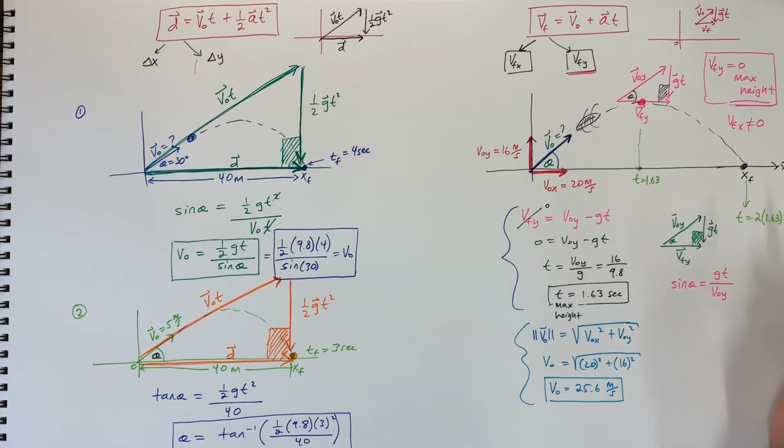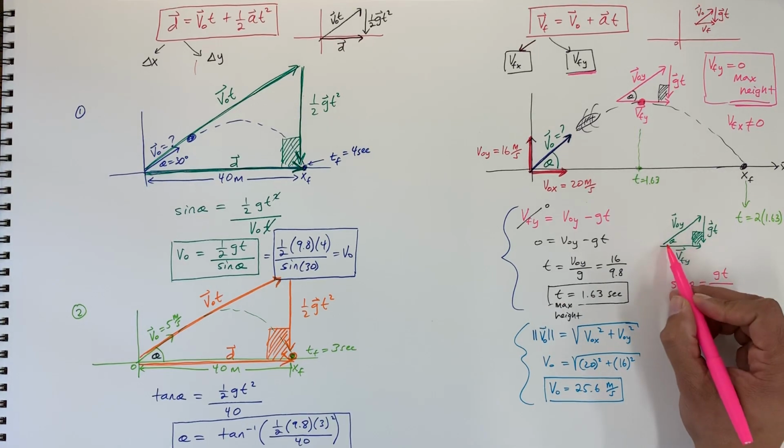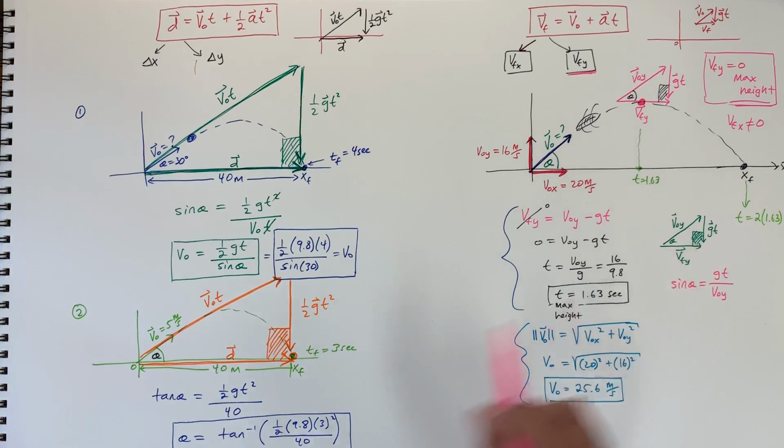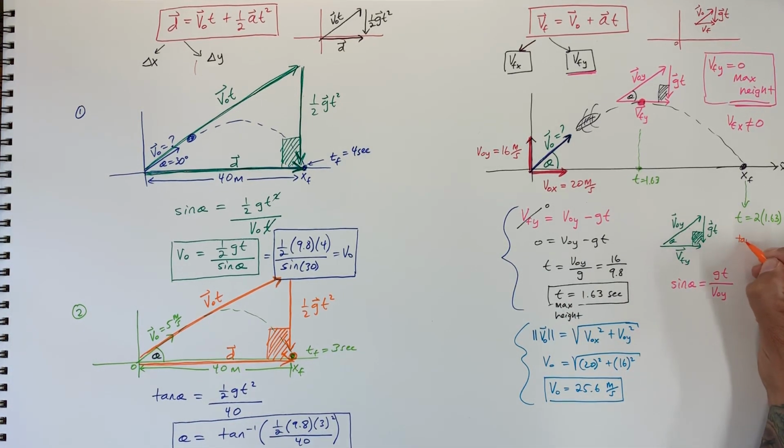You don't want to choose tangent because tangent means that you're going to have opposite over adjacent. Okay, so let me show you here. You don't want to choose tangent, because you don't know velocity final in the y, and you don't know the angle, because that's what we're trying to find.